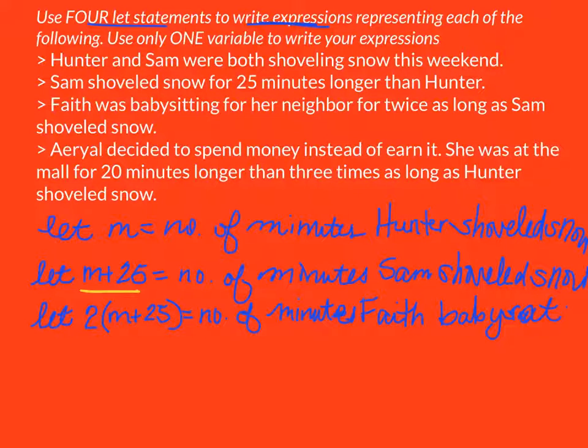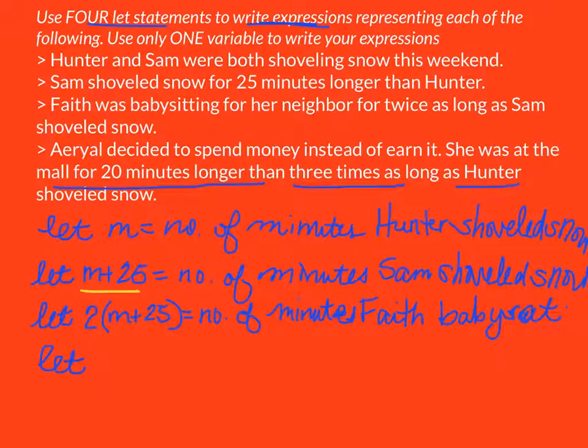Okay, Ariel decided to spend money, wow, lucky her, instead of earning it. She was at the mall for 20 minutes longer than 3 times as long as Hunter shoveled. Well, 20 minutes longer, but that happens after 3 times.